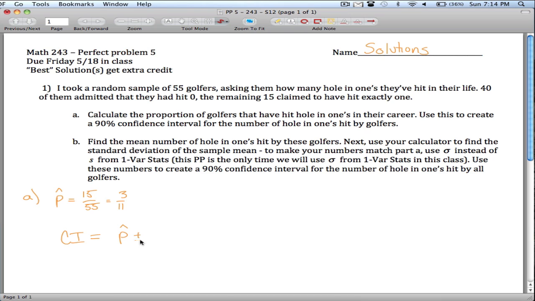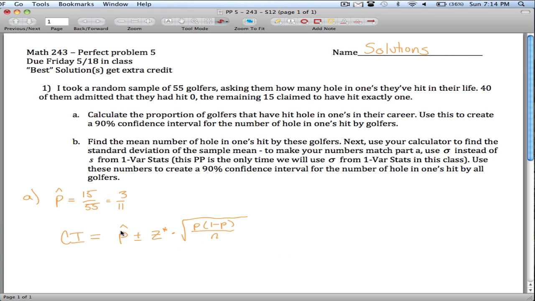And then to that you want to add or subtract Z star, your critical value, which we'll figure out in just a minute, times the standard deviation of P hat, which is given by the square root of P times 1 minus P divided by N.